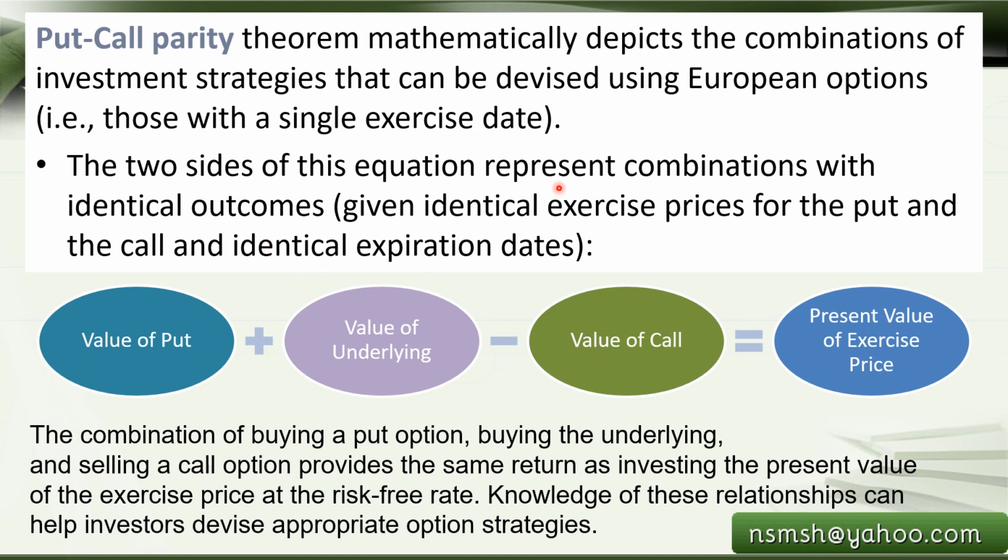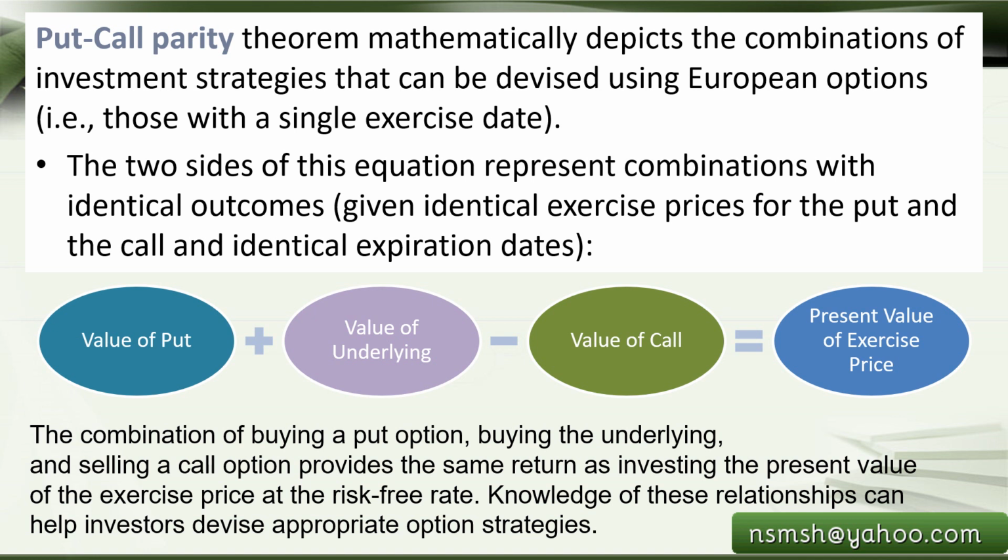The two sides of this equation represent combinations with identical outcomes, given identical exercise price for the put and the call and identical expiration dates. The combination of buying a put option, buying the underlying and selling a call option provides the same return as investing the present value of the exercise price at the risk-free rate. Knowledge of these relationships can help investors devise appropriate option strategies. So if you remember this formula, you can always calculate the present value of exercise price.